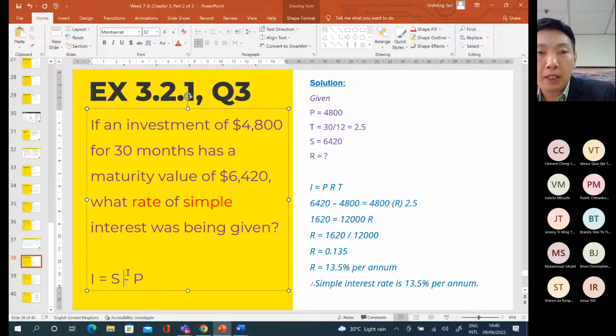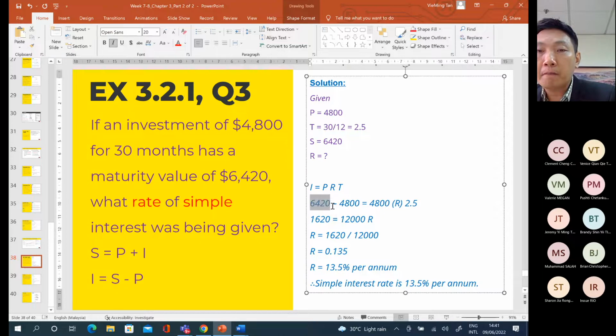I is equal to S minus P. How do we know this formula? In fact, this formula is from this, right? S is equal to P plus I. So in order to get the I value, we can transpose the formula, move the P to the left-hand side, becomes minus P.